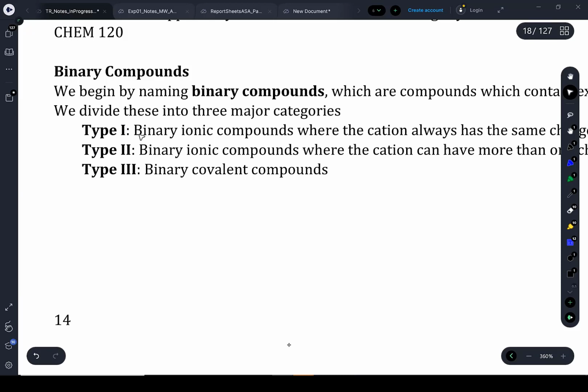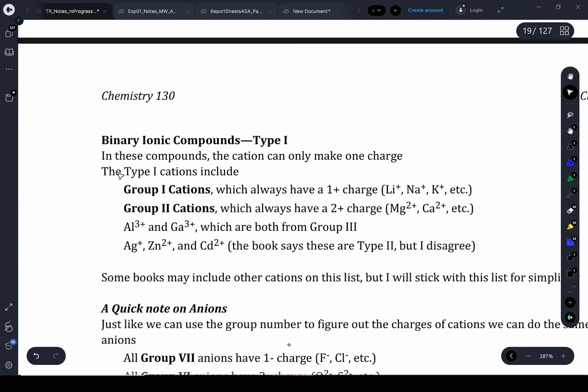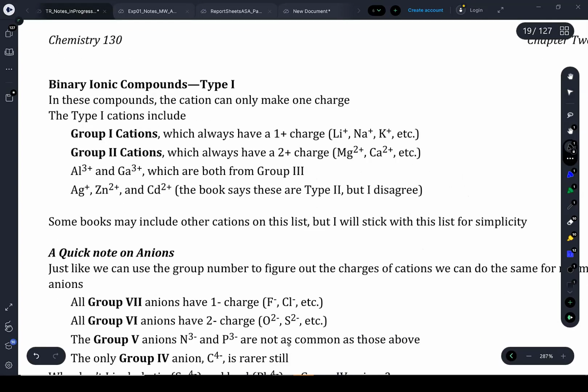Some of them are type 1, some of them are type 3. So I'm going to consider the acids separately. All right. So before you can do anything, you must know that there are some metals which only make one kind of charge, and you need to know which ones they are. The nice thing is the vast majority of this can be found just by looking at the periodic table.